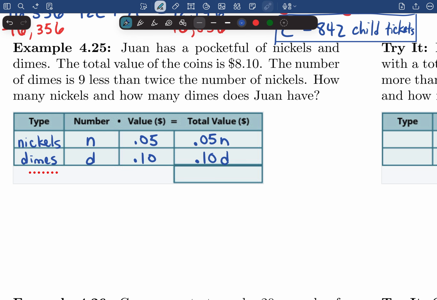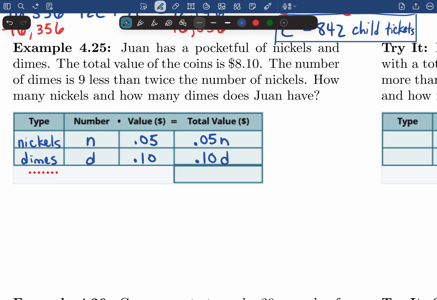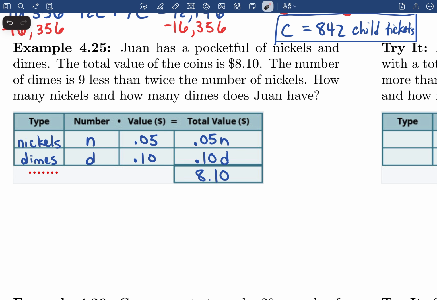And I do know that the total value is $8.10. So I can write $8.10 at the bottom here. That's the total value of adding these two pieces together. This plus this must equal $8.10.